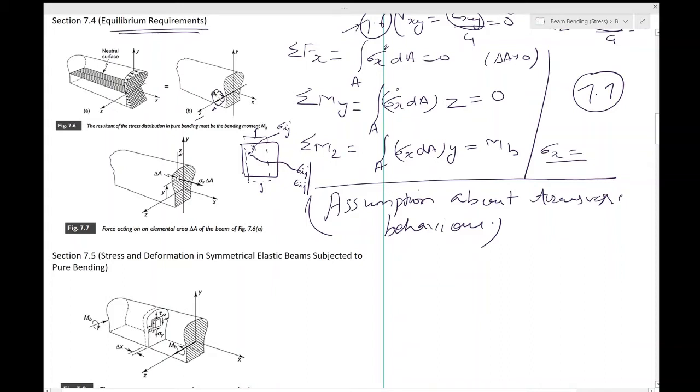Look at this external surface. This external surface is free of normal and shear stresses. We know that; this is the beam which we are bending, and hence we know that the surface which is outside does not have any stress.